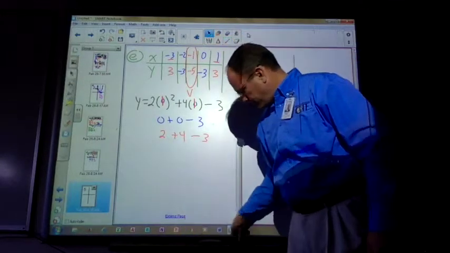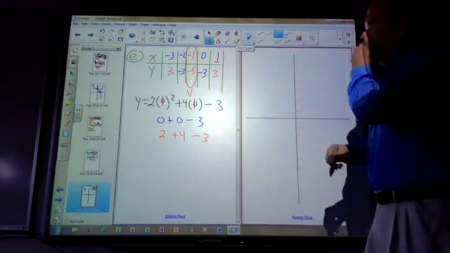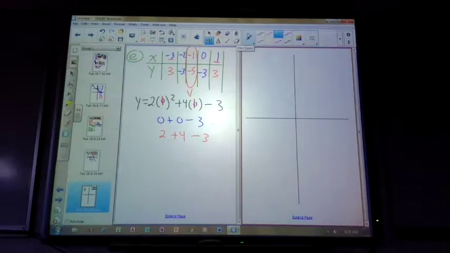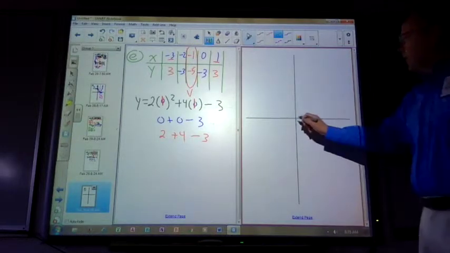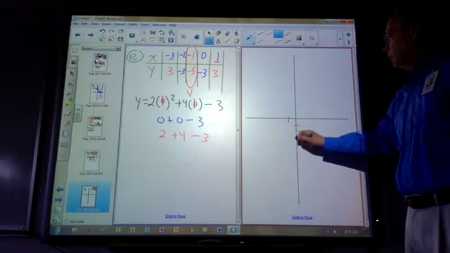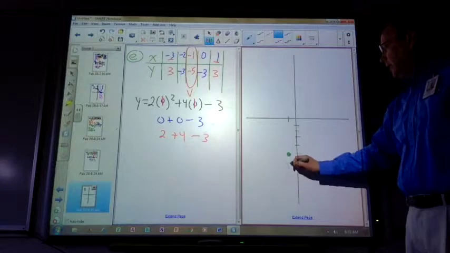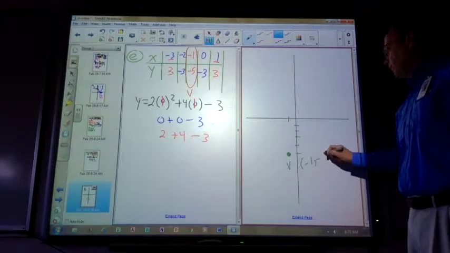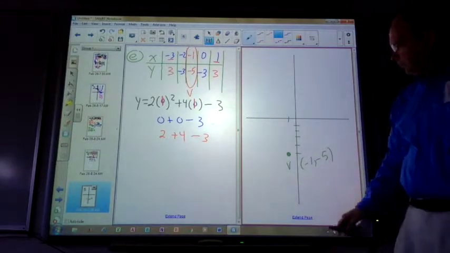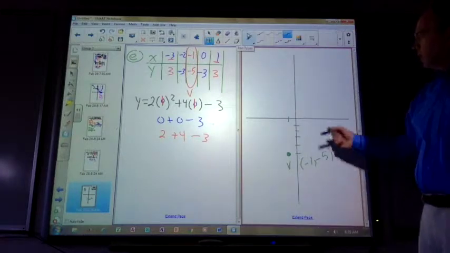Plot -1, -5. Vertex, yes? Okay? Then 0, -3.